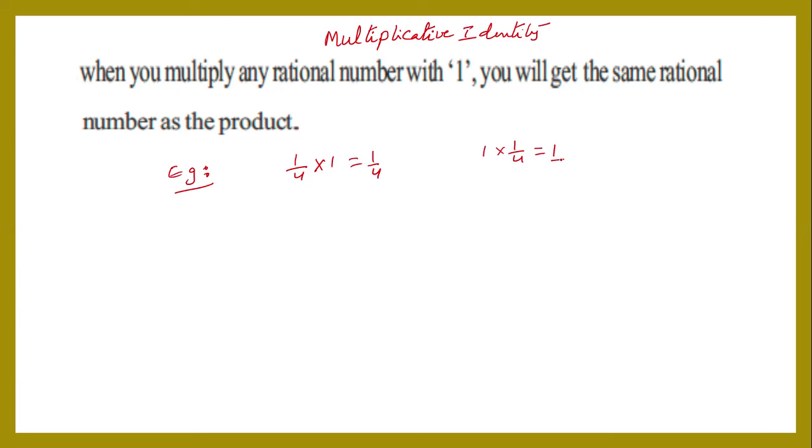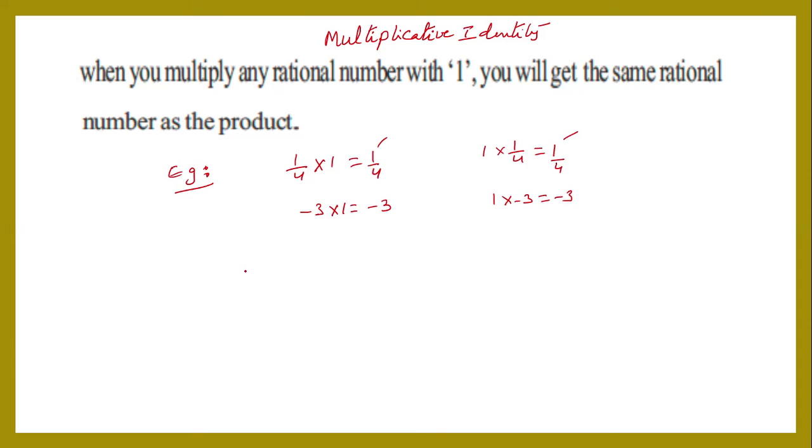Hence, the result is the same. The product of these two is the same. That means if you multiply any rational number by 1, you get the same number as product. If you take another one, minus 3 into 1, you also get minus 3. And 1 into minus 3 gives the same.